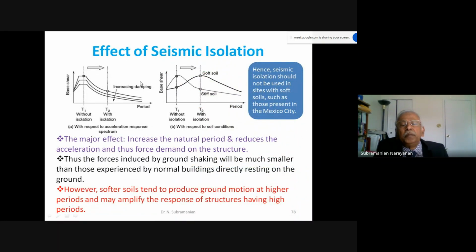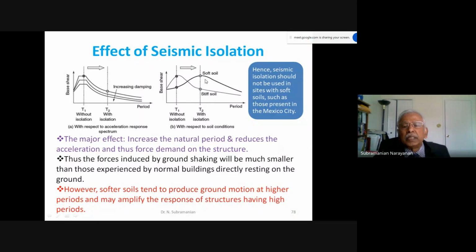Actually, we cannot use seismic isolation in all cases, especially when the soil conditions are poor. We should not use it. You see here, in the normal case without isolation, this will be the point, and with an isolator it will reduce the base shear.